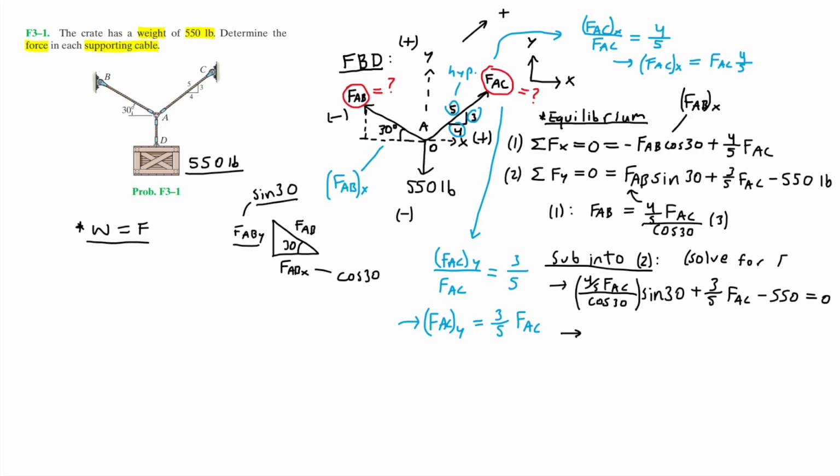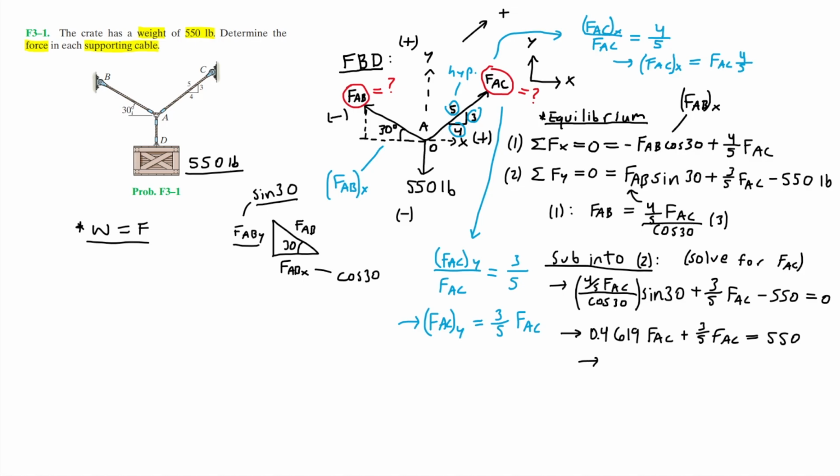Now we can solve for FAC, since this equation is now in terms of only FAC. Simplifying the left side of the plus sign, we get 0.4619 FAC plus 3/5 FAC, and then moving the 550 to the other side equals 550.